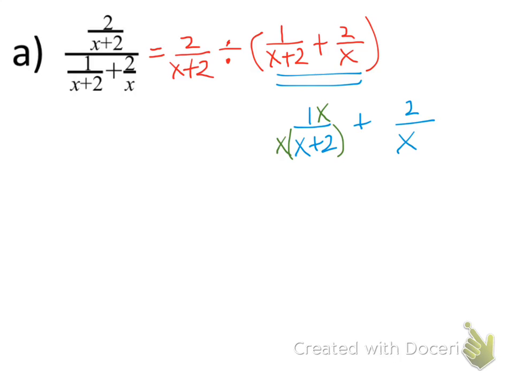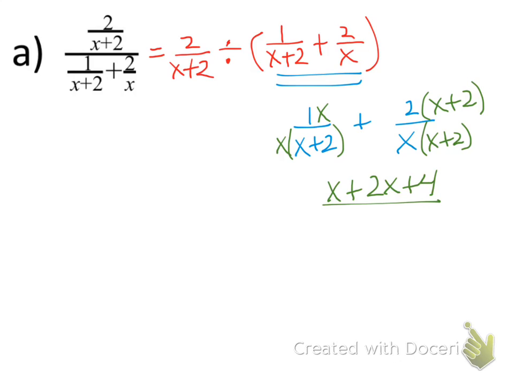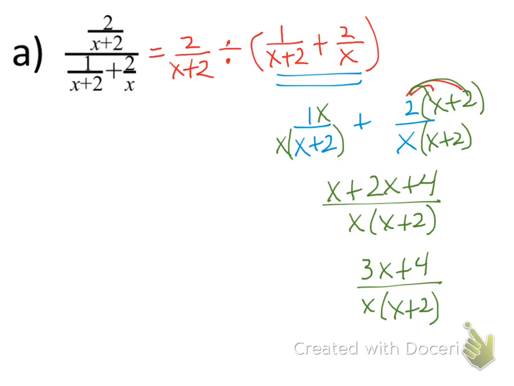So this first fraction, just like we were just working on, needs a denominator, or an x in the denominator. And the second one needs an x plus 2. So multiplying top and bottom, we're going to get x plus, distributing that 2, we get 2x plus 4 all over that common denominator. Simplifying my numerator, and now I'm going to go ahead and write this division problem.